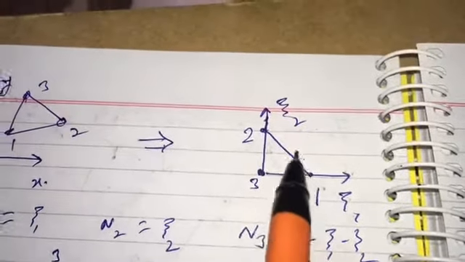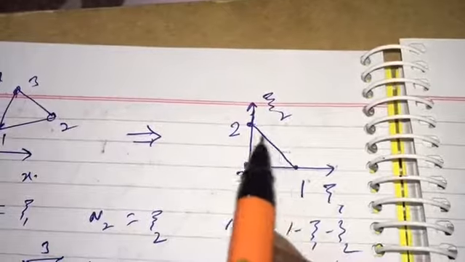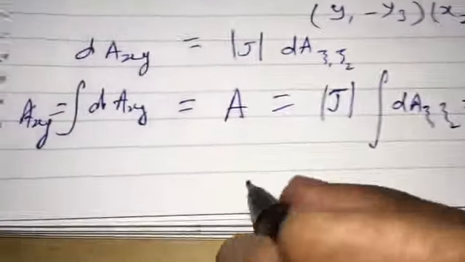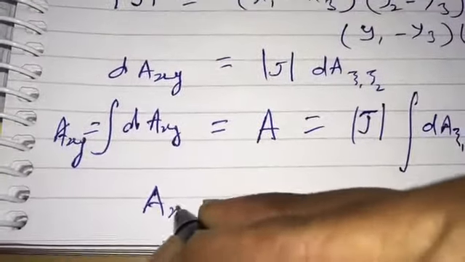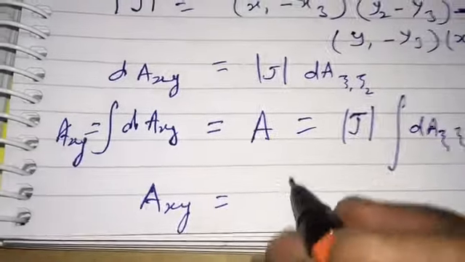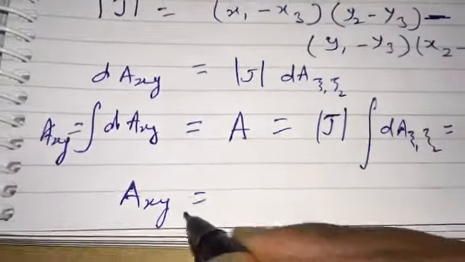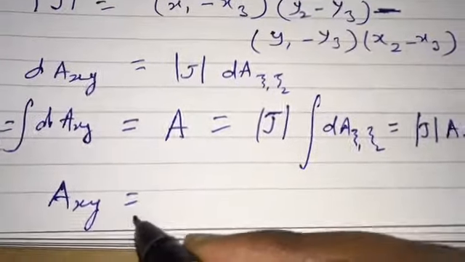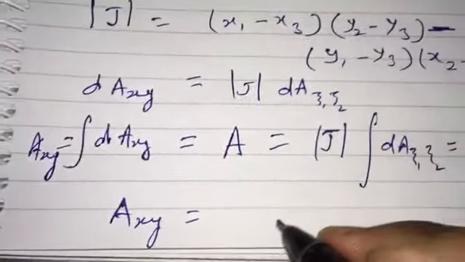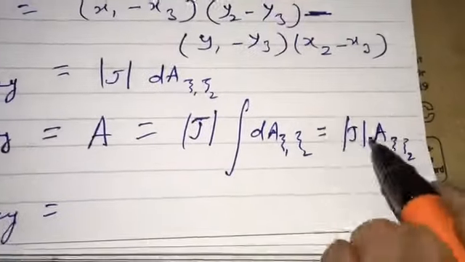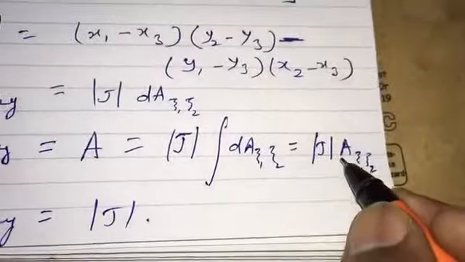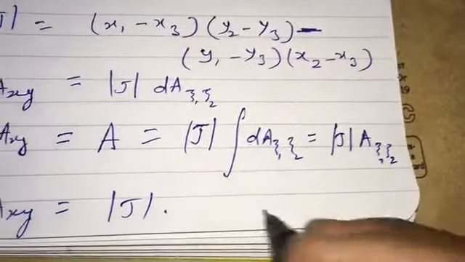So A xi1 xi2 equals half. So the area of the triangle in the xy system, the actual area of the triangle, A xy, is equal to J multiplied by A xi1 xi2, which is half.